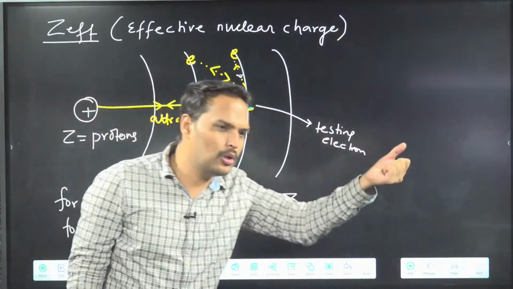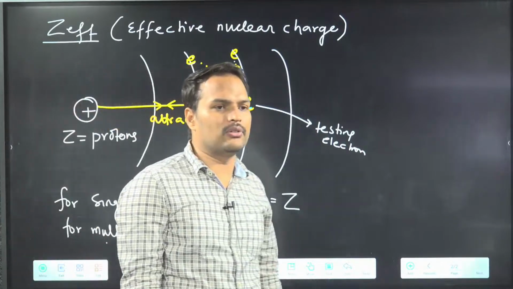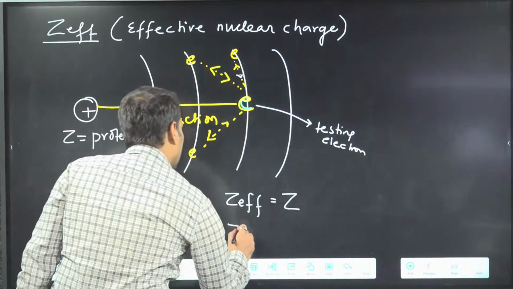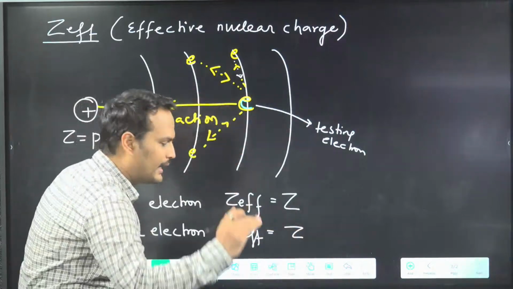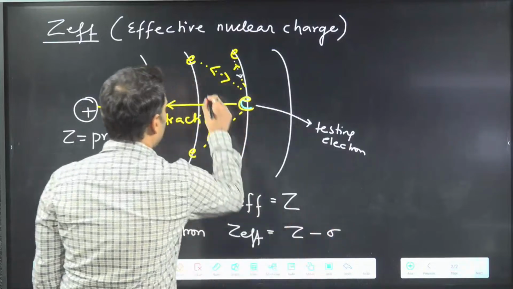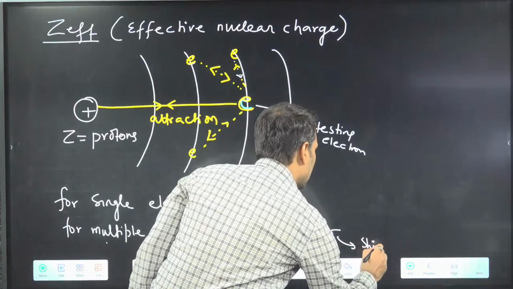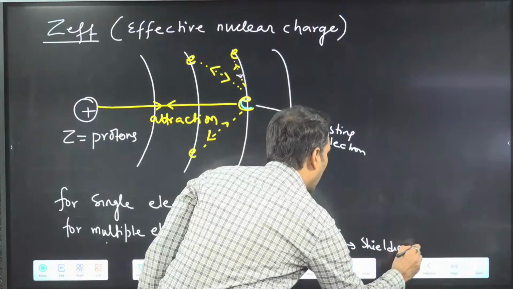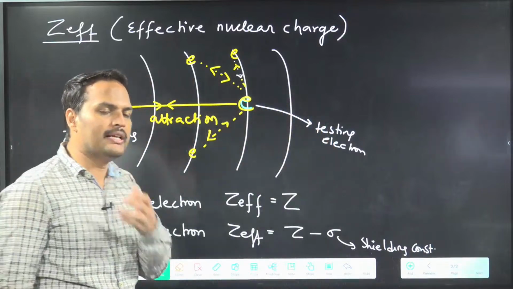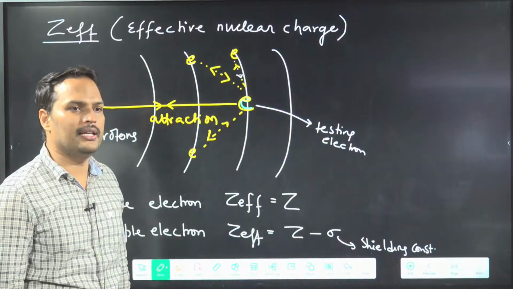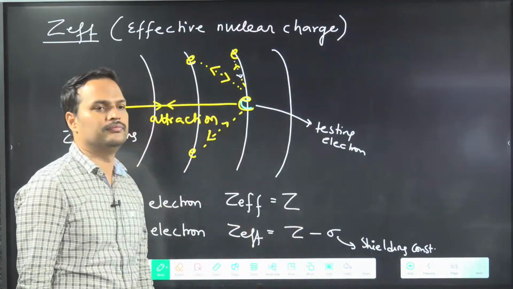So net pull of nucleus is increased or decreased? Everyone, write it quickly. So this is only known as effective nuclear charge, which is decreased due to these electrons. This sigma is called shielding constant or screening constant. Clear? So effective nuclear charge is a bit lesser.